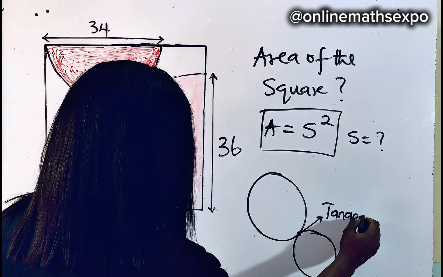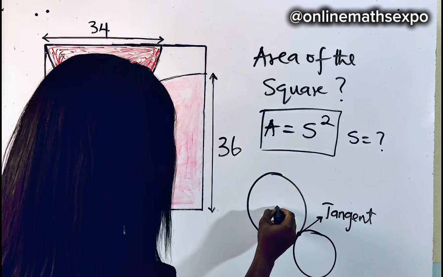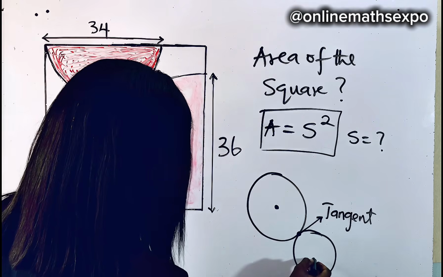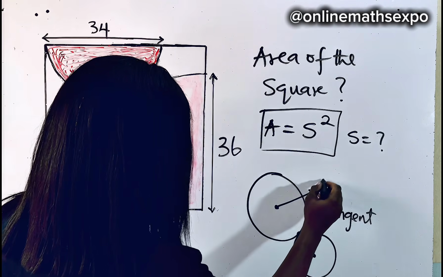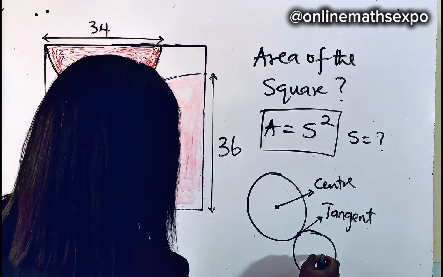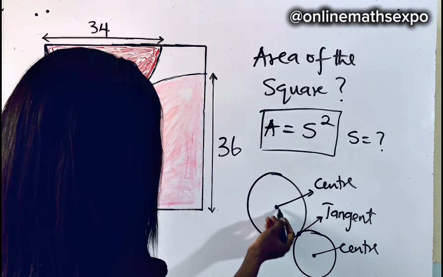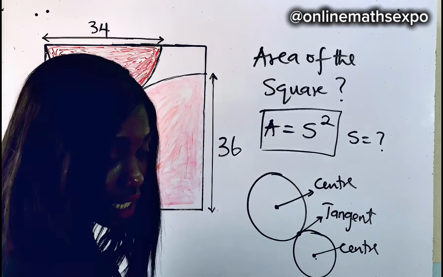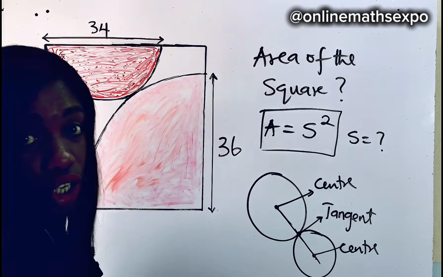If you have the center of this circle and the center of the small circle, these 3 points are collinear. They form a straight line according to your tangency theorem.